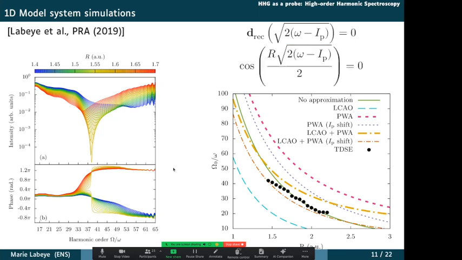It's a scaling law that you obtain when you use both the approximation I mentioned before, the plane wave approximation for the continuum states, and an approximation for the ground state, which is to say that the ground state would be the sum of two atomic orbitals, each positioned on one of the nuclei. In that case, you just get a cosine. It's really like a two-slit Young's interference.